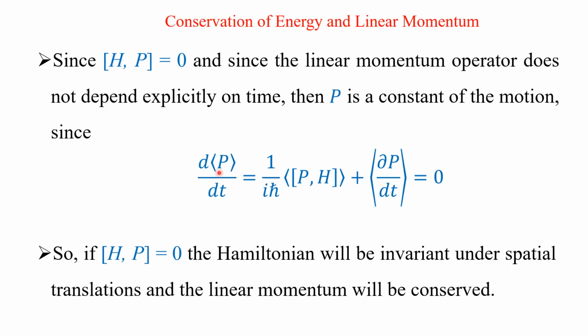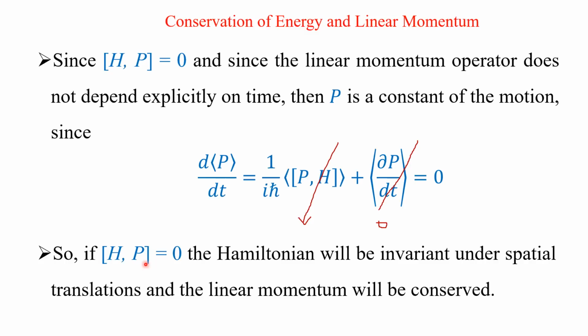So here we have taken P as an operator, so this will become 1 over i h cross, the commutation of P with H, and there is no explicit time dependence, so that term will become 0. And also P and H commute, so this also will become 0. That means the time derivative of the expectation value of P is equal to 0. That means P is constant.